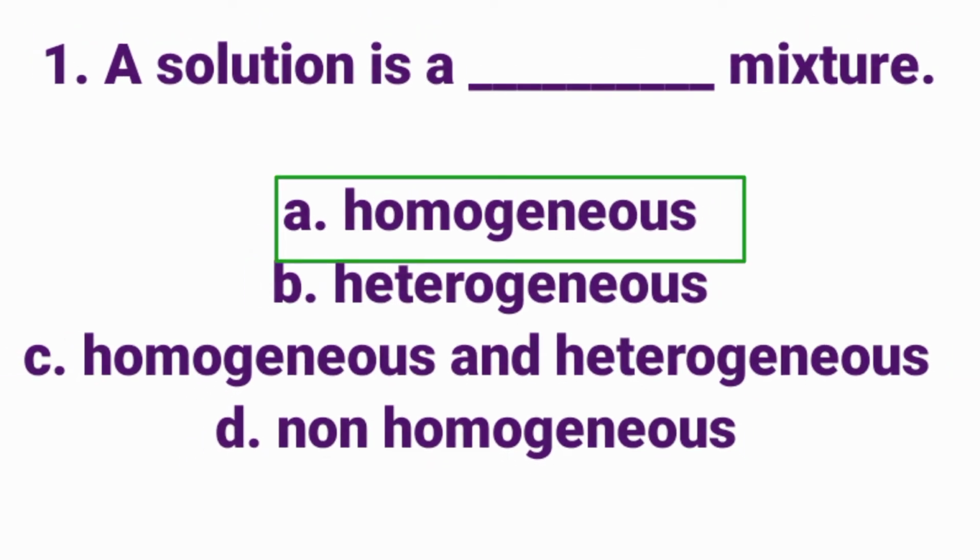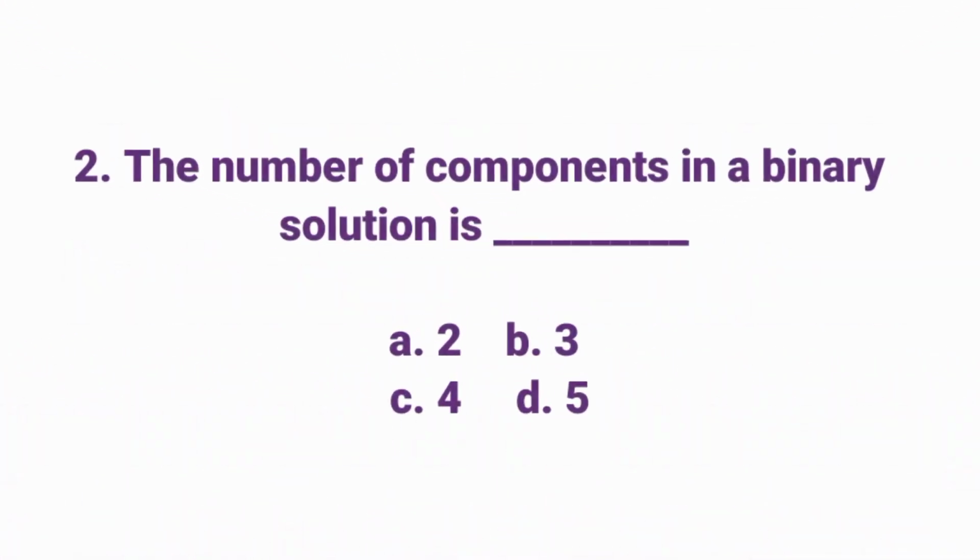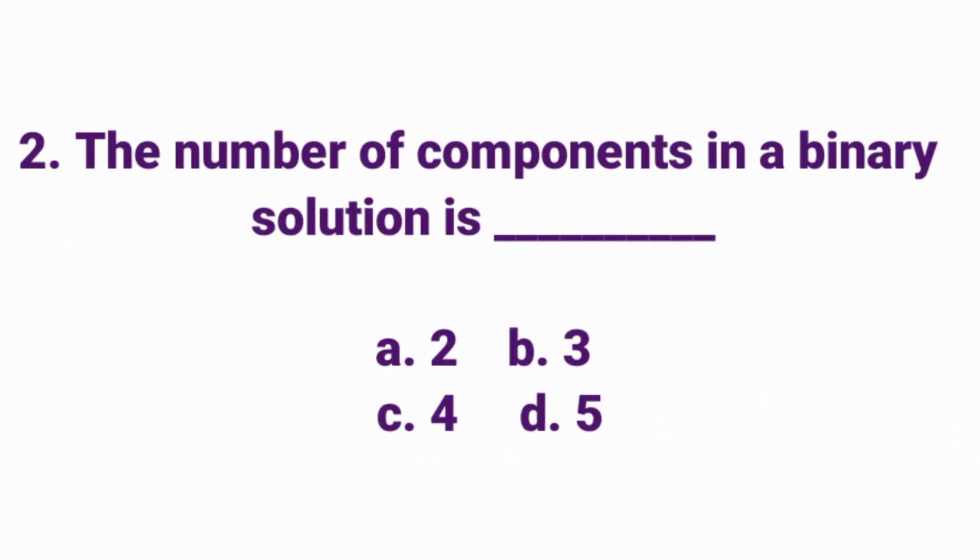Answer option A, homogeneous mixture. The number of components in a binary solution is, answer option A, 2. In a binary solution, it is 2.